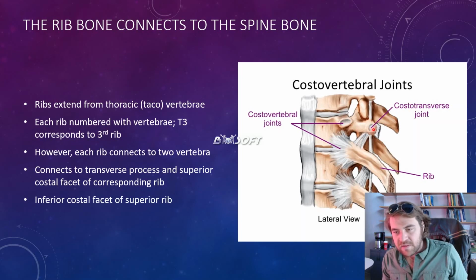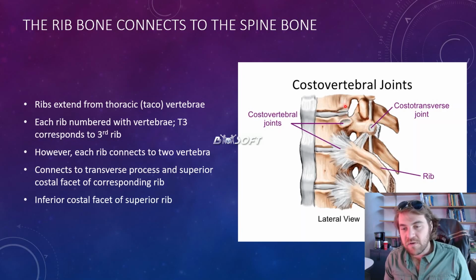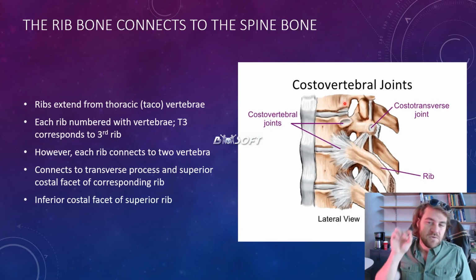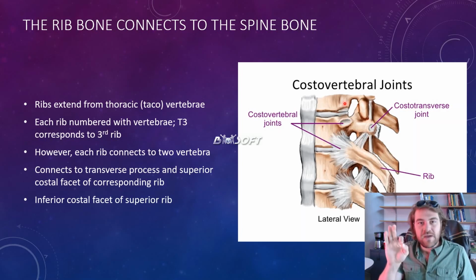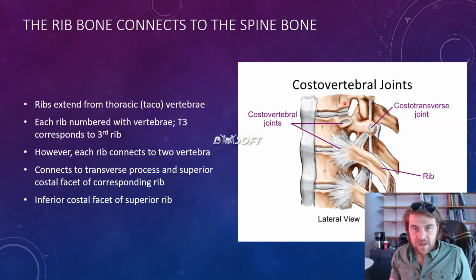This rib is going to connect to this transverse process and to this superior costal facet. But then it's also going to connect to the inferior costal facet of the vertebra right above it. So the first rib is actually going to attach to the inferior costal facet of the last cervical vertebra too. So three connection points. You should probably know those connection points.